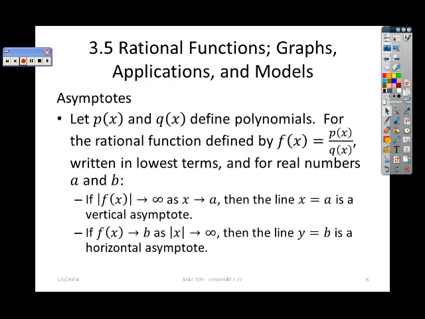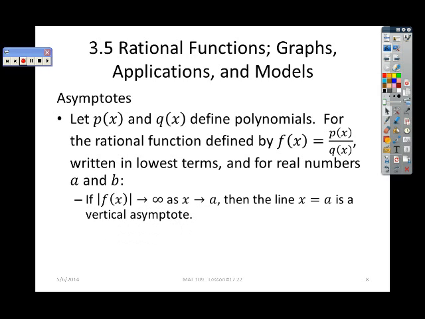A horizontal asymptote is defined by the fact that a function approaches a certain value as x increases to infinity. So if I go way out to the right, my function is going to come down and approach a fixed value. If I go way out to the left, my function is going to approach a fixed value.